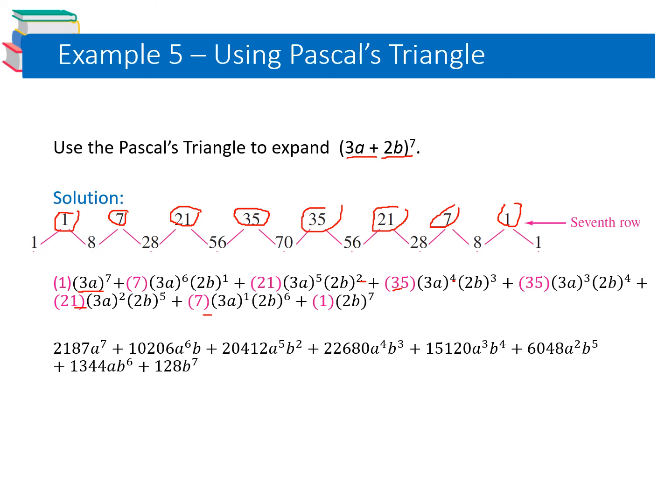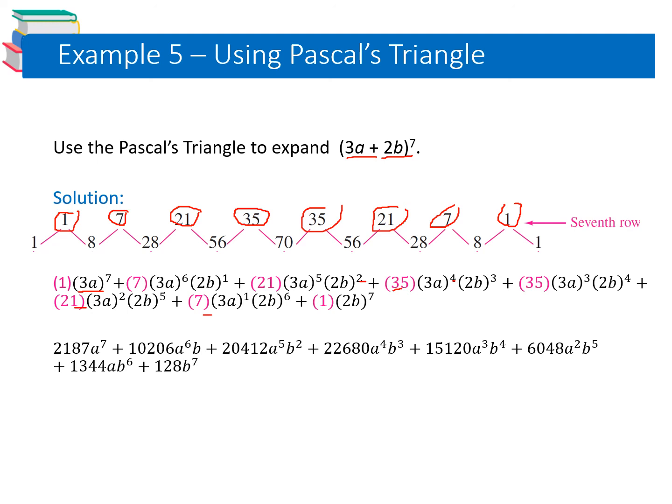So, kapag i-simplify mo pa ulit lalo to, 3 raised to 7 is 2,187, a raised to 7. So, 7 times 3 raised to 6 times 2, yan, is 10,206 a raised to 6 b plus 21 times 3 raised to 5 times 2 raised to 2 is 20,412.